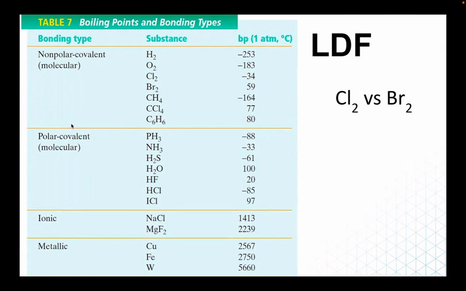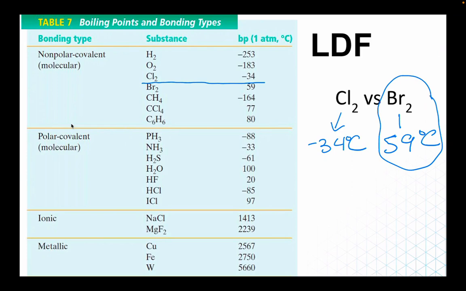So looking at some of the physical properties of molecules, if you look at bromine on here, it has a boiling point of positive 59. Chlorine is negative 34. So bromine has a higher boiling point, which means it has stronger IMFs because it's harder to break them. And why is that?